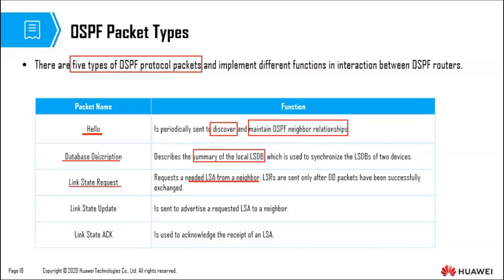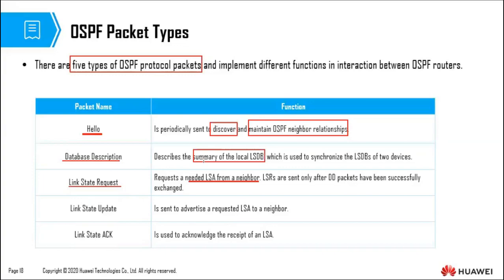Now, you see the DD, which is the initial LSA, will carry a summary. By summary, it means we don't share all the details. For example, maybe we just share the network address of that particular interface, so that guy checks, do I have this one in my LSDB? If I don't have it, I tell that guy, hey, send me more details about this.